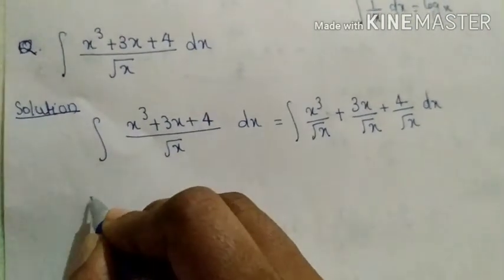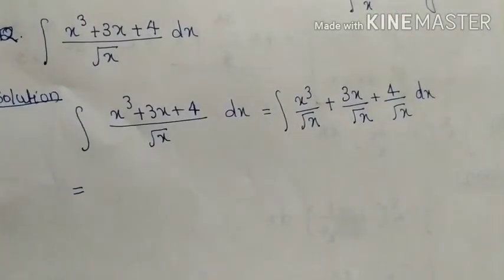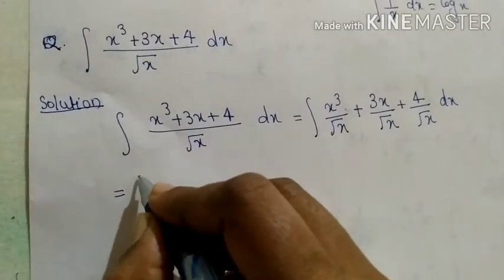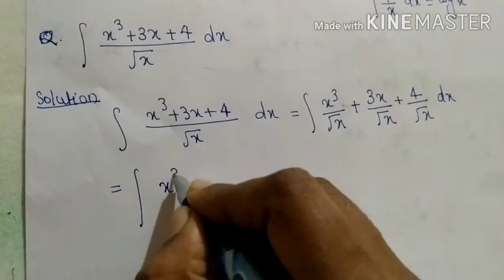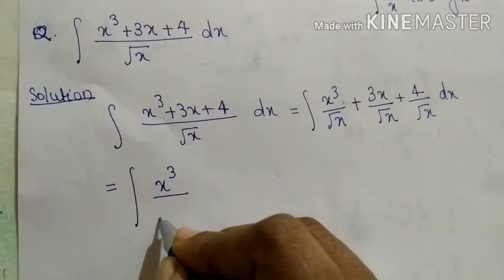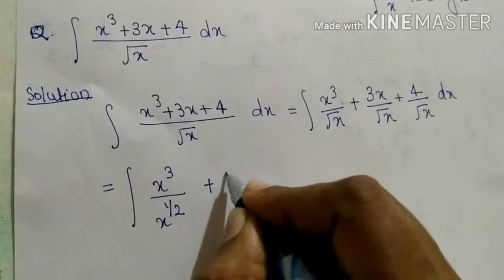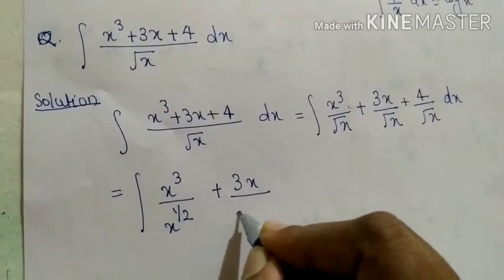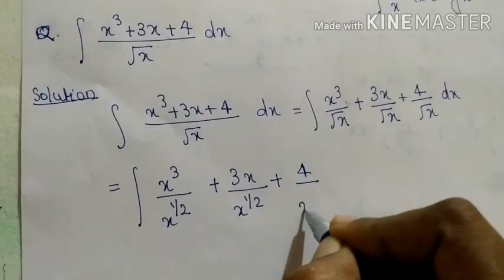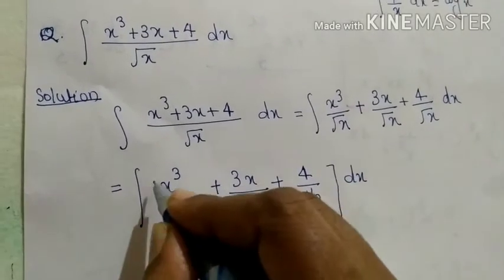Okay, and which is equal to the integral of x³ divided by √x, which means x^(1/2), plus 3x divided by x^(1/2), plus 4 divided by x^(1/2), dx.